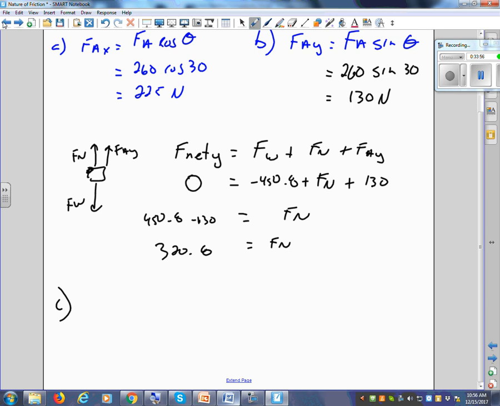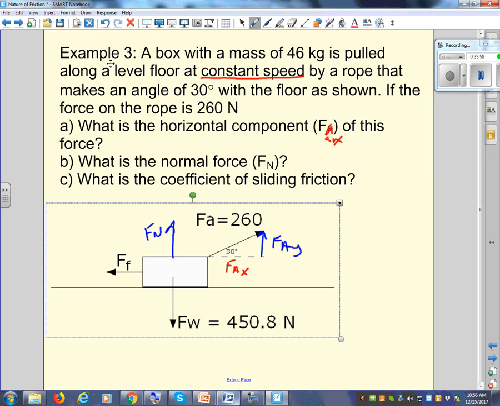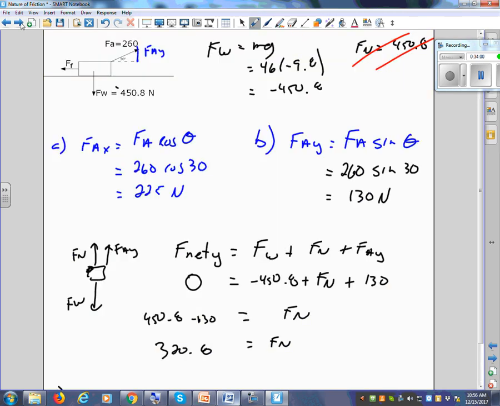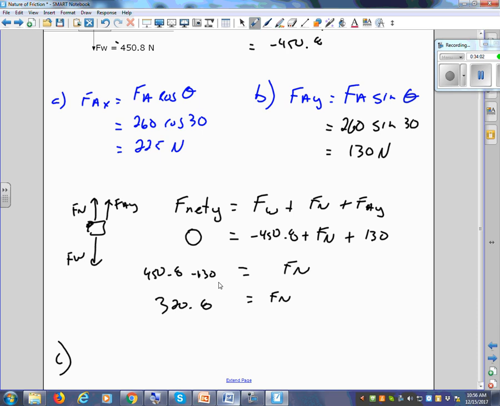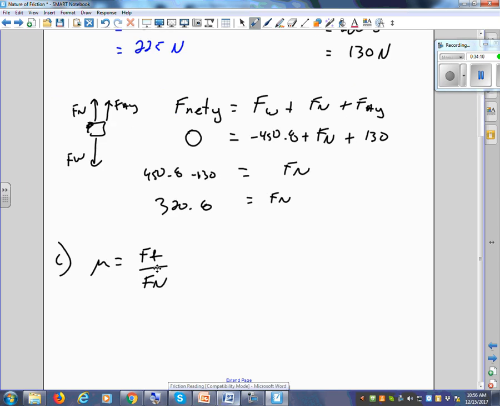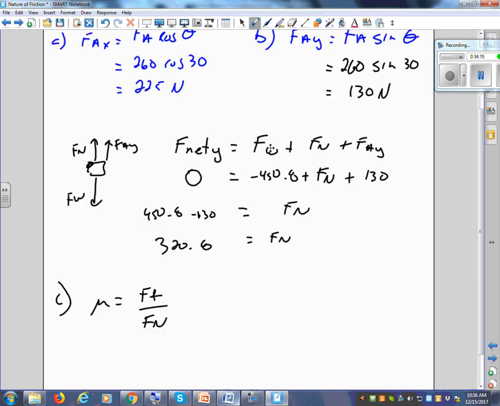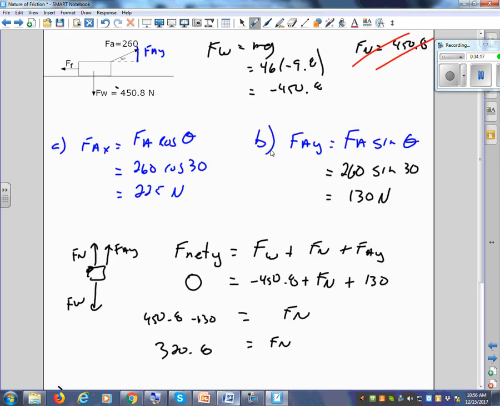And part C asks, what is the coefficient of sliding friction? Mu equals FF over Fn. Well, I just solved for Fn. Do I have a friction force? Do I have a left-right friction? I don't see one here.